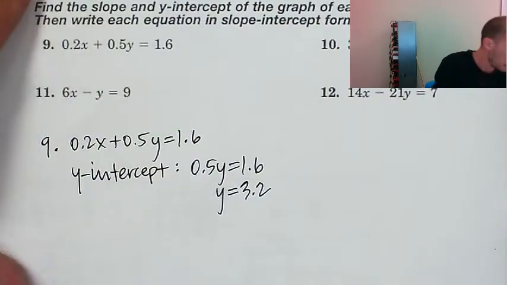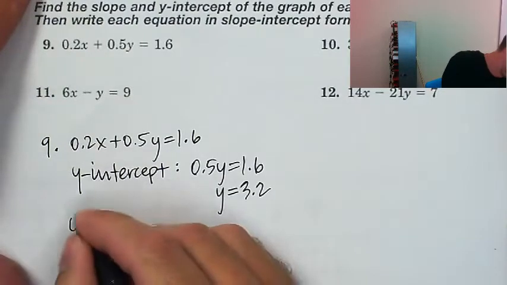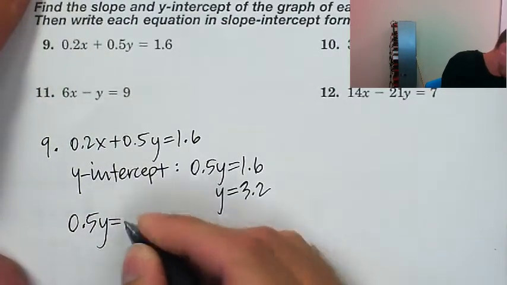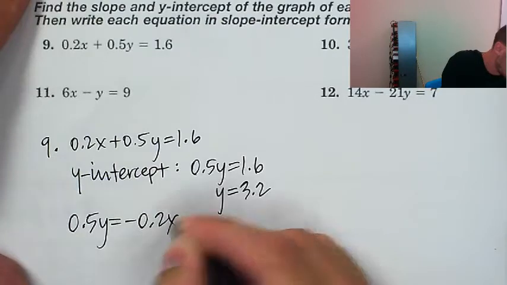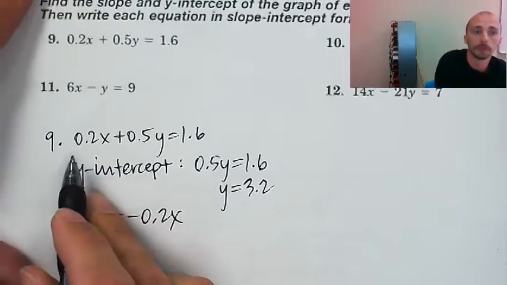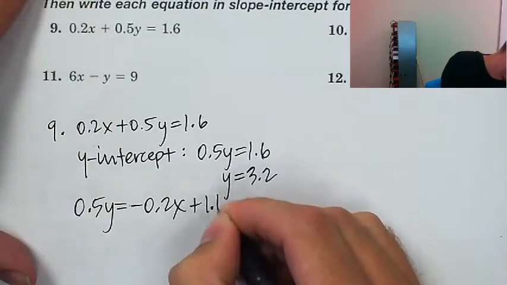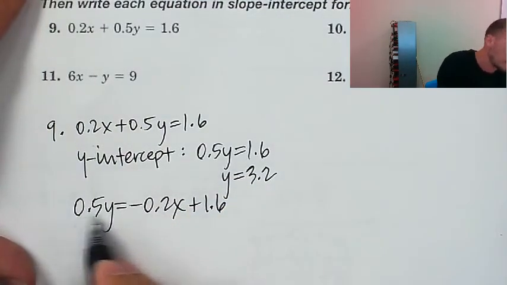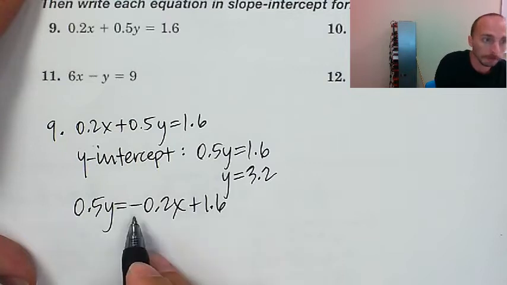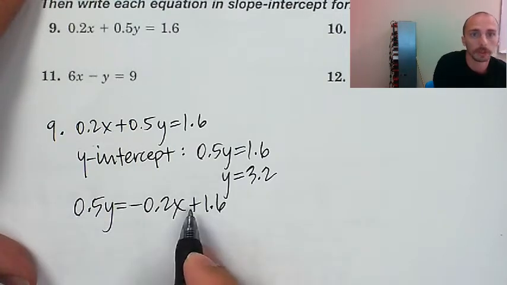And then I'm going to solve for y. So 0.5y equals negative 0.2x. I need to subtract 0.2x from both sides of this equation to get at y, and then I still have plus 1.6. Then I'm going to divide this whole equation by half, which is like multiplying by 2, like I just said.